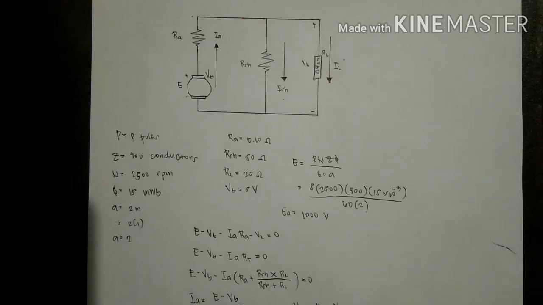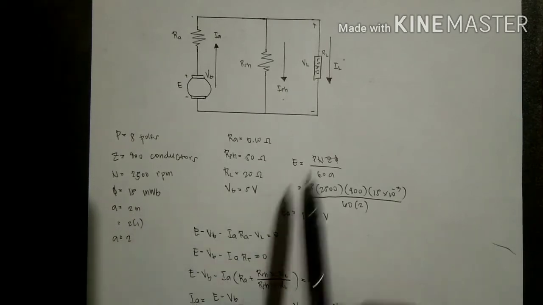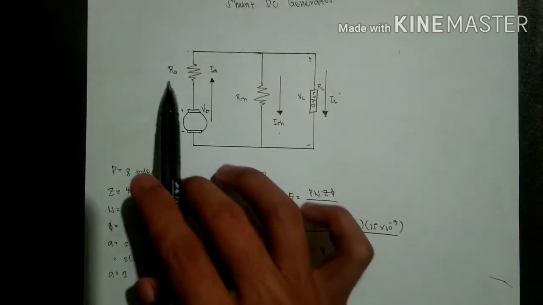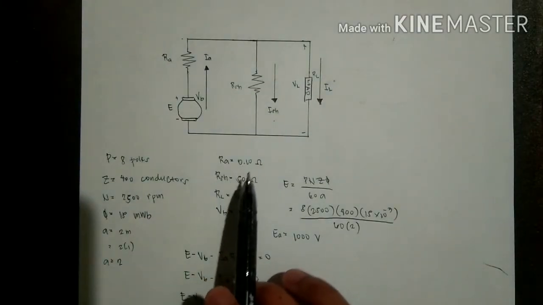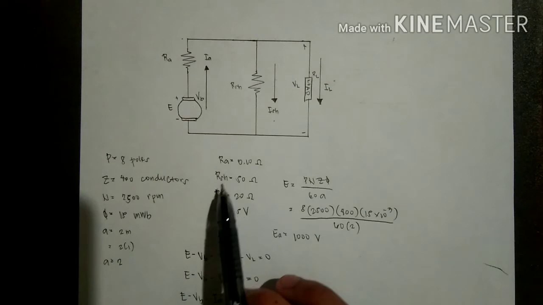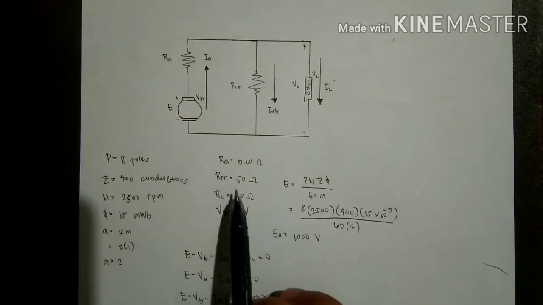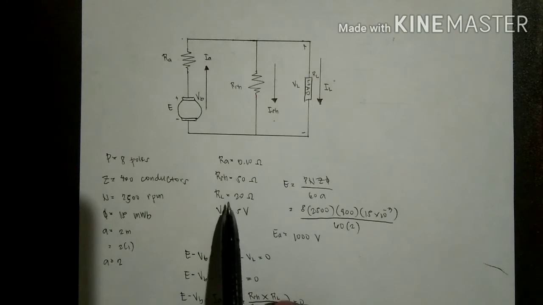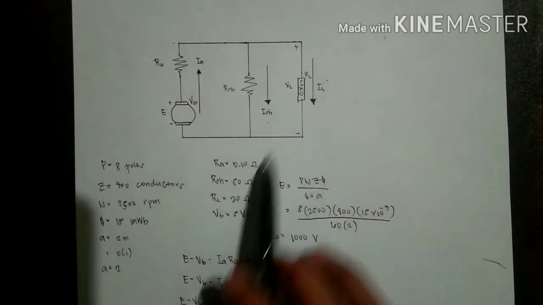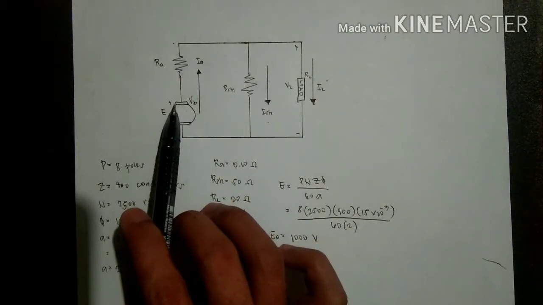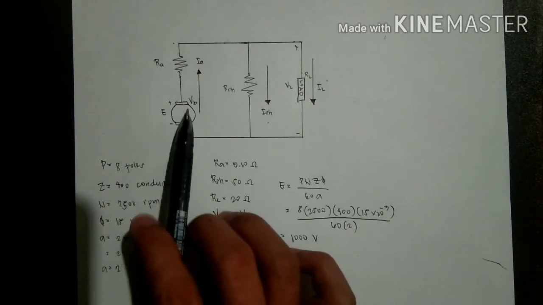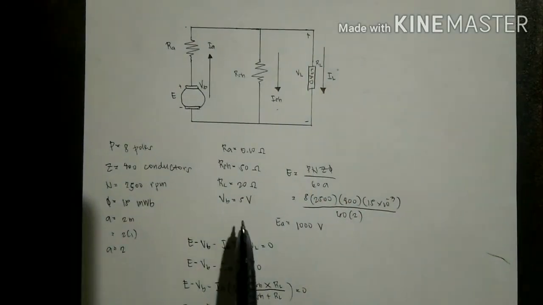It is a simplex form, so the multiplier is 1, so that's why I put 1. The armature resistance is 0.10 ohms, the shunt resistance is 50 ohms, the load resistance is 20 ohms, and the brush drop is 5 volts.